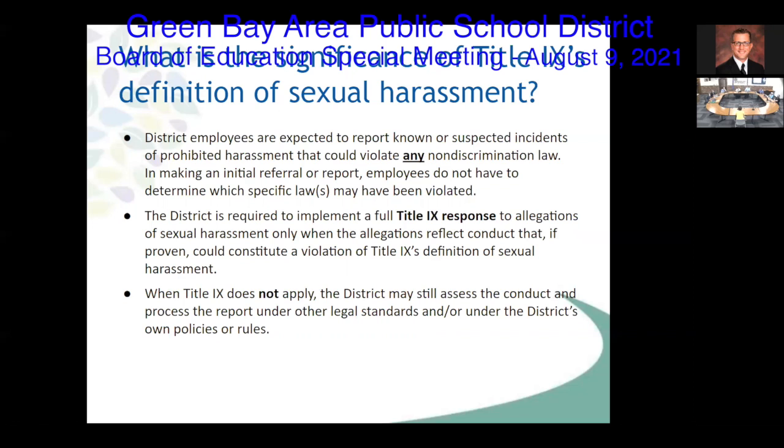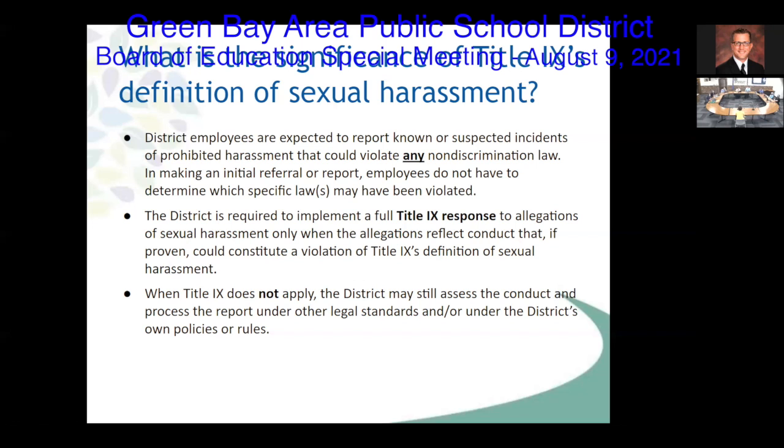It's important to note that Title IX requires the conduct to be severe, pervasive, and objectively offensive to the point that it denies equal access. Under other laws, it's sufficient that the sexual harassment conduct is frequent or severe, such that it creates an intimidating, hostile, or offensive work environment or educational environment.